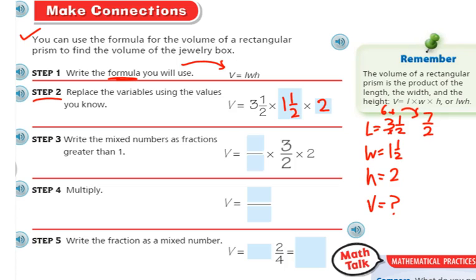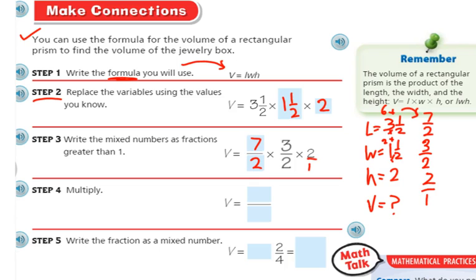The 1.5 becomes 2 times 1 is 2, plus 1 is 3, 3 halves. And that 2 we can leave, or you could also think of it as a 2 over 1 to help with the fraction operations. All right, so let's get this substituted in here. So I have 7 halves times 3 halves times 2. And again, we're going to look at this as 2 over 1.